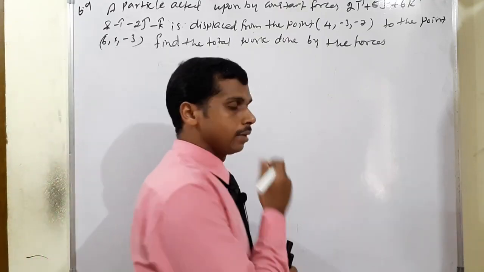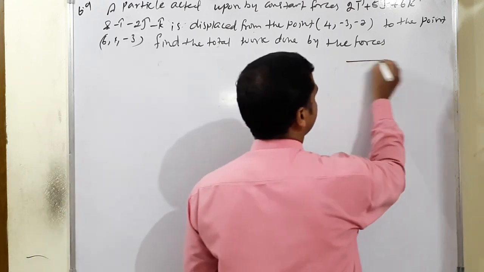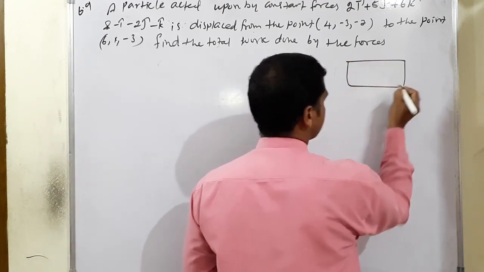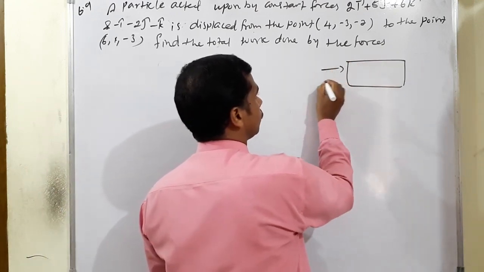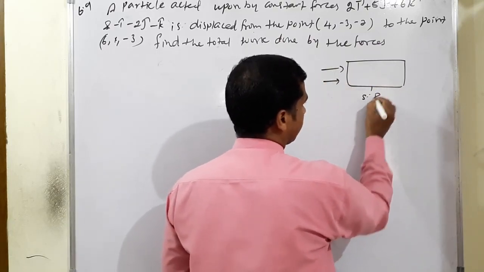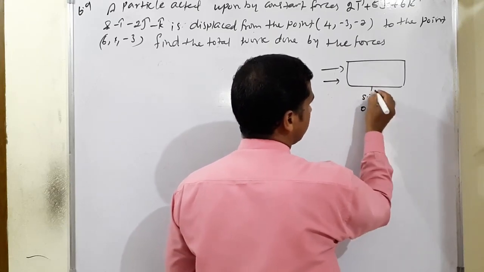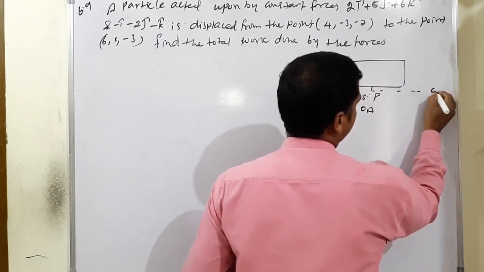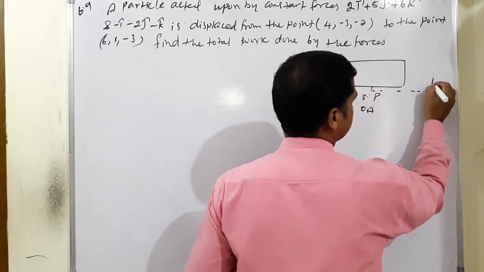Before moving to the answer, what is the meaning of work done? If you have an object, the two forces, two persons forcing through, this is the starting point, considered as OA, and this is the ending point, considered as OB, this is the end point.